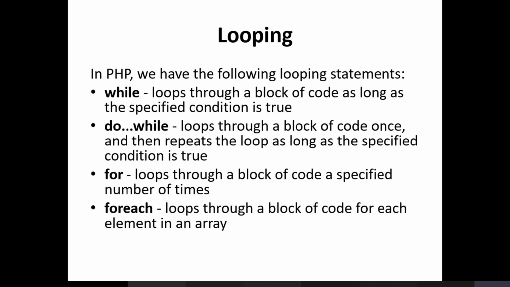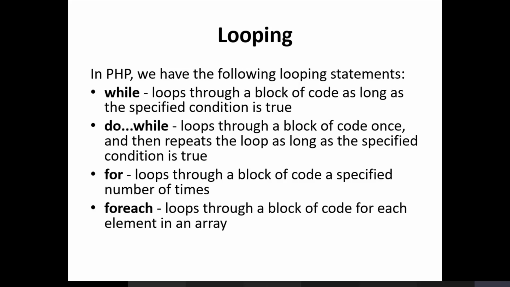Do while loops through a block of code once and then repeats the loop as long as the specified condition is true. So in a do while loop, even if the condition is false, it goes through the block of code at least once.